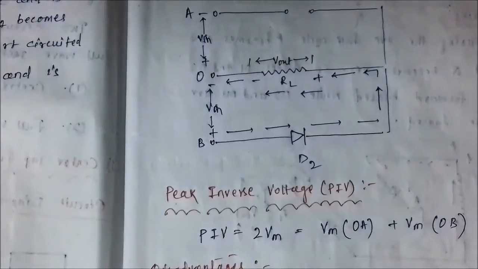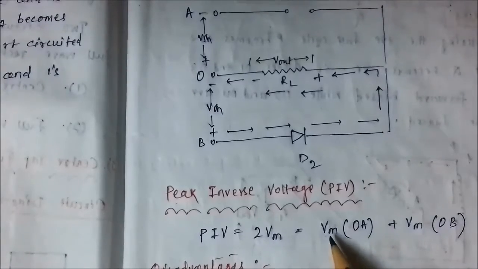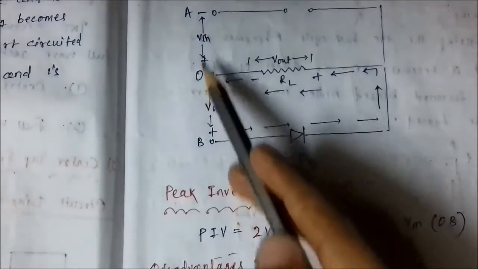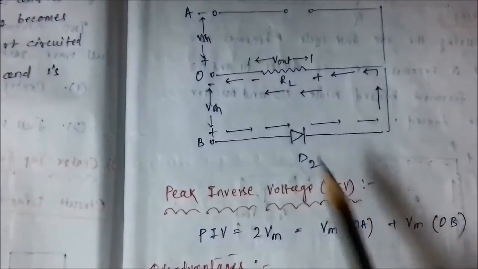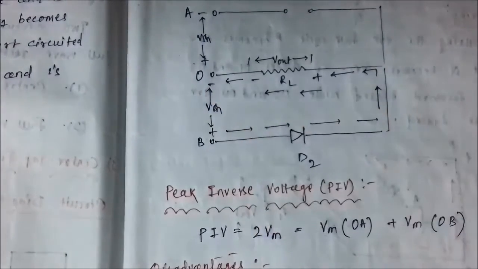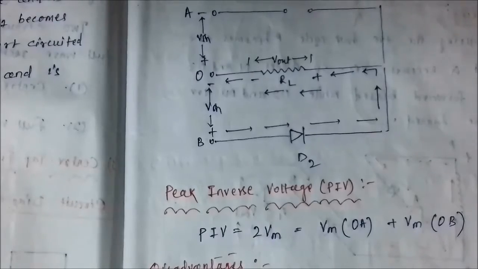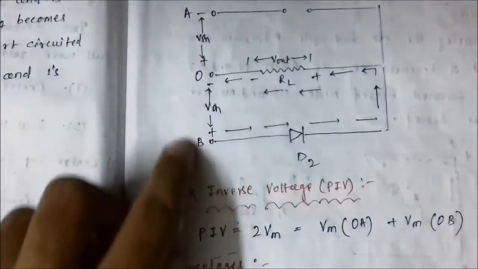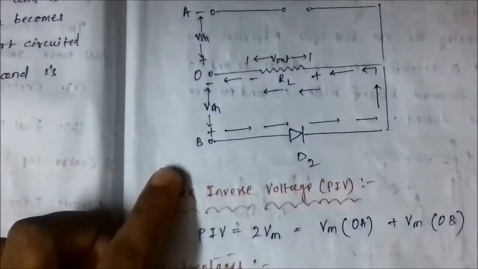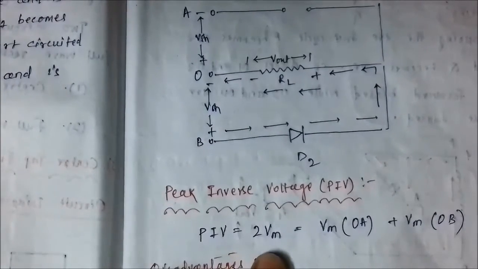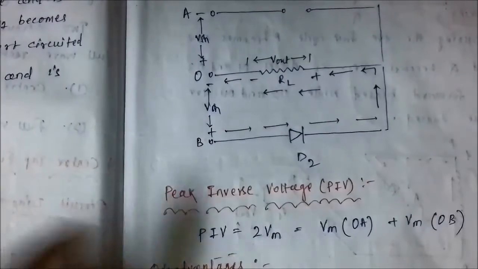In both the cases, the reverse voltage which appears is equal to Vm at OA and Vm at OB, as it divides itself equally. So the total peak inverse voltage, the reverse voltage to which the circuit is subjected, is equal to twice the maximum reverse voltage.